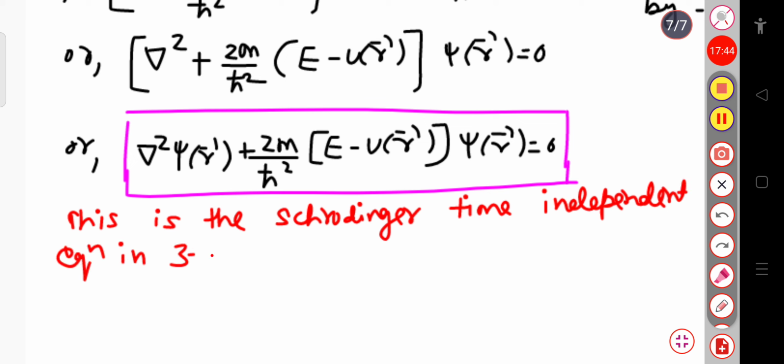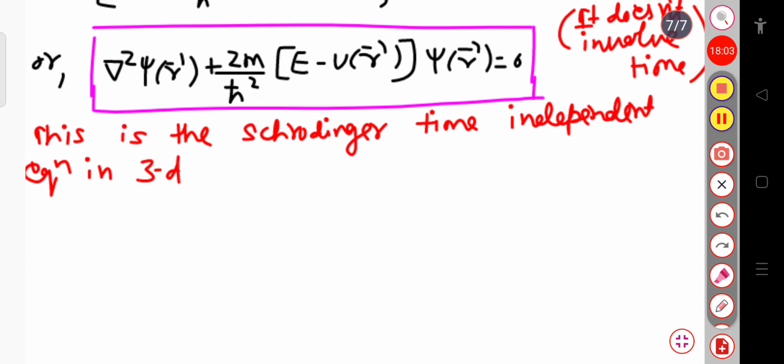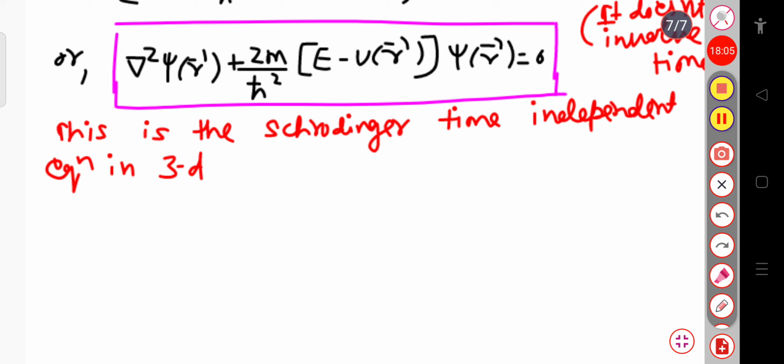And also you will write here, it doesn't involve time. And the solution of this equation, let me give this equation number 6.